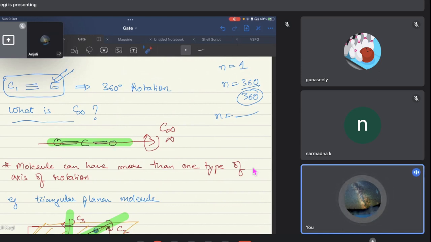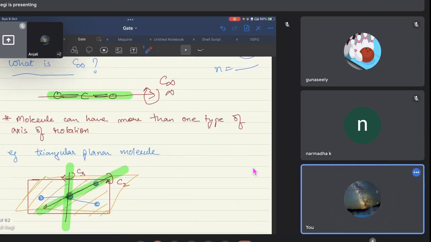This is a linear molecule, and if I pass one axis like this in red color, this particular axis is the axis of rotation. If I rotate my molecule about it, I will have indistinguishable structures which are infinite in number, because at any angle I will get an indistinguishable structure. So this is why we have this C infinite axis here.